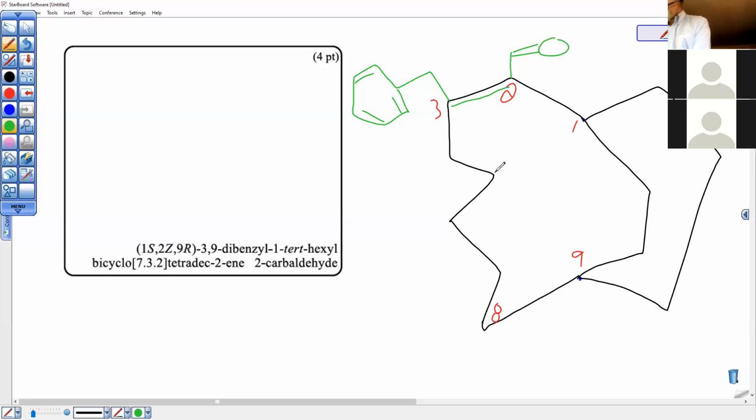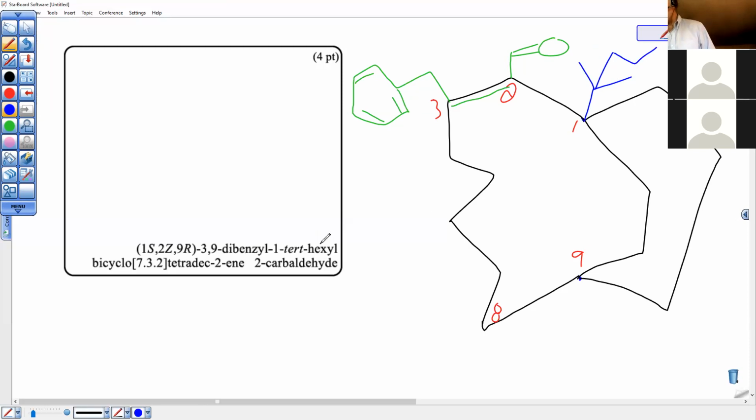And on 1, we have a tert-hexyl. So you draw your chicken foot. Draw your chicken foot, and you extend one of the feet by 2. Doesn't matter. It could be the middle one, end one. Just make sure you got 6 carbons when you're done.